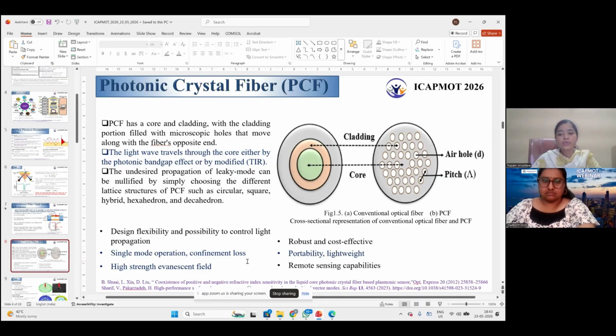We can control several characteristics of the fiber, with the help of which we can improve our sensing performance. It consists of basically core and cladding, but the cladding is in the form of air holes. Here, in figure 1.5, we can see the relation between the simple or traditional fiber and the photonic crystal fiber based sensor.